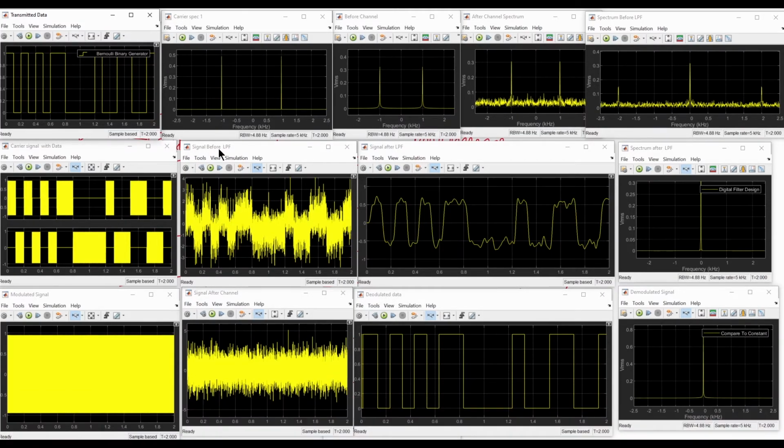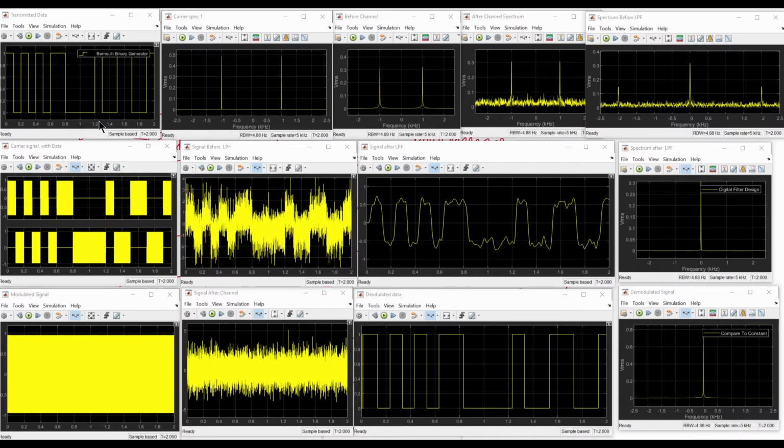here is our data. First of all, this is the transmitted data. The Bernoulli binary generator generates this data. It starts with 1, then 0, 1, 0, 1, 0, 1, 1, then 0, 0.